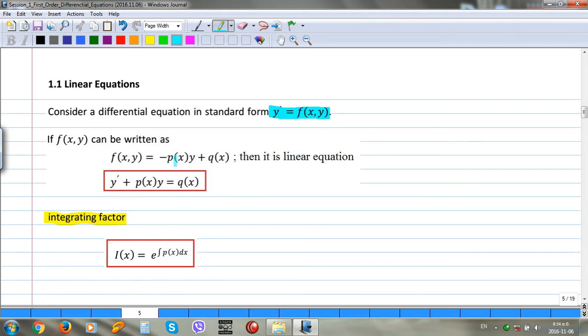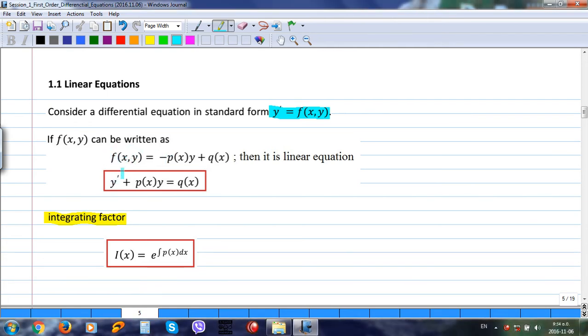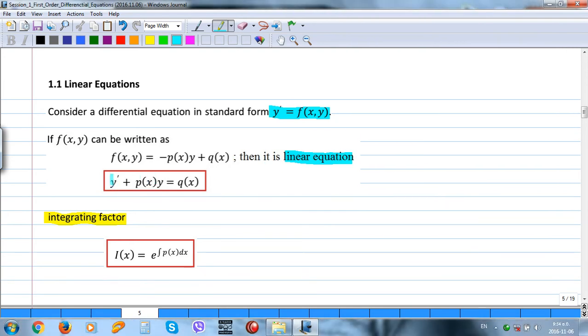We can take the minus p(x)y to the other side, and the form is converted this way: y dash plus p(x)y equals q(x). If an equation is given in this form, then it is a linear equation.